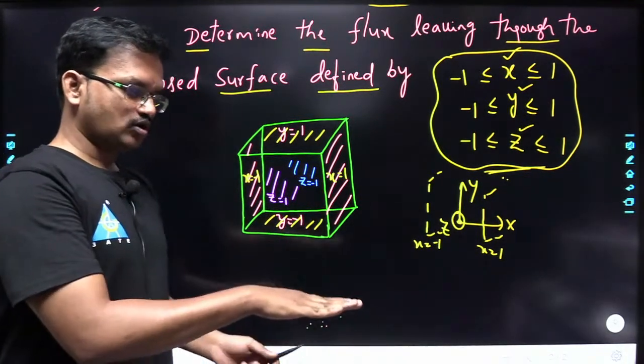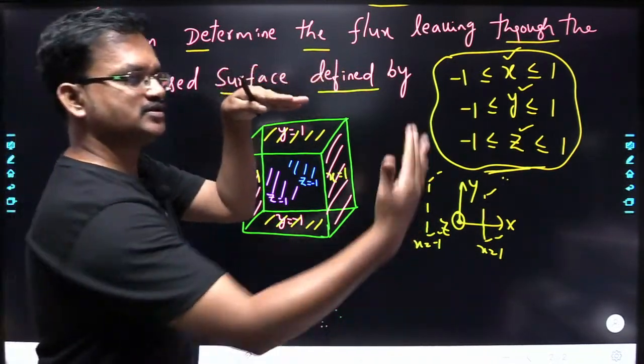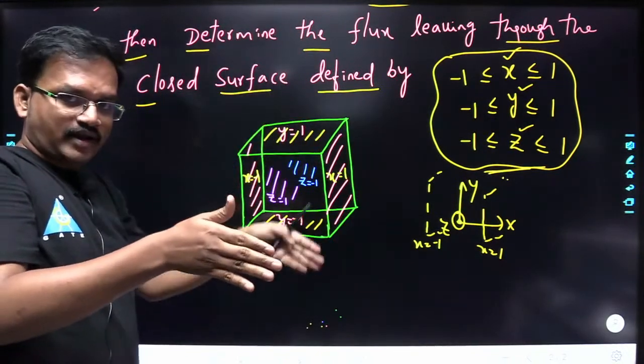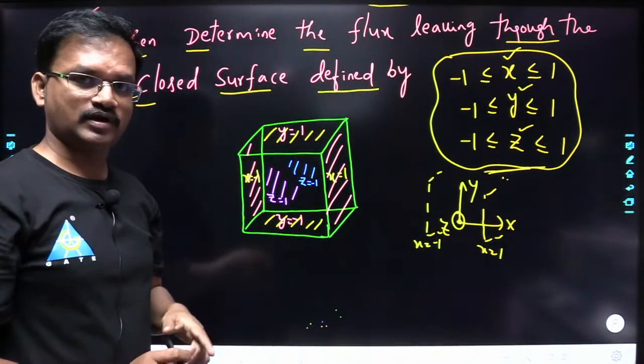Okay. So y equal to -1, y equal to +1, x equal to -1, x equal to +1, z equal to +1, z equal to -1. So this is the cube they have given here.